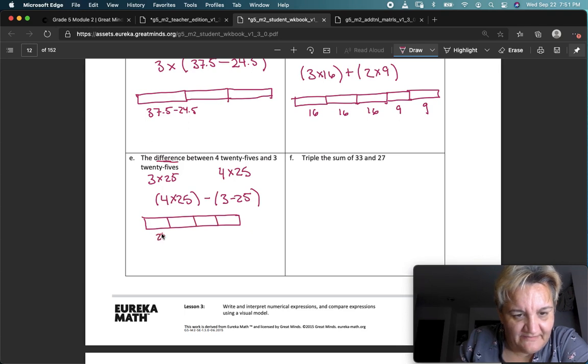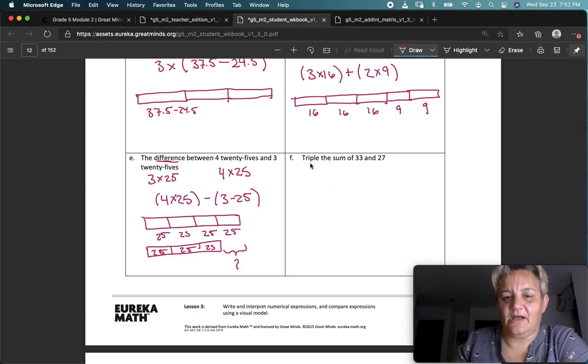This is 25, 25, 25, 25. And I'm going to subtract from that 3 sections of 25. And my answer is going to be whatever is left over, right?